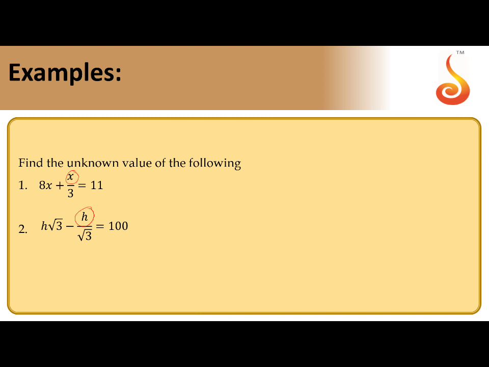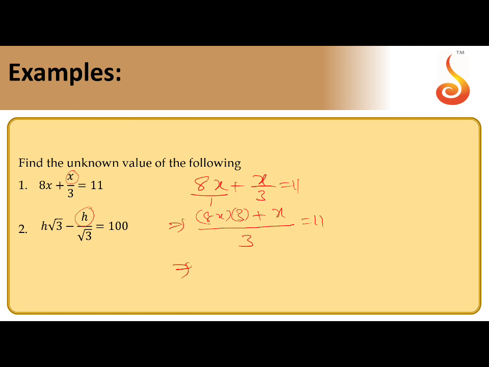So let us take the first equation, how to find the value of x. The first one, 8x plus x by 3 equal to 11. You can take denominator as 1 because nothing is there. So you can take LCM for this one. 3 is the LCM. So here 8x into 3 plus x equal to 11. So you should multiply.